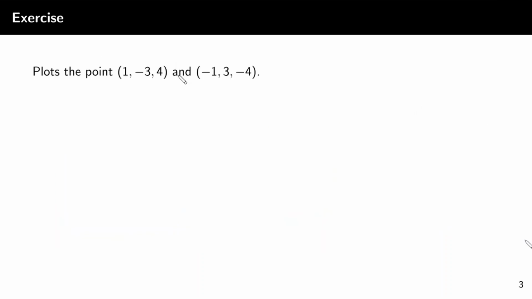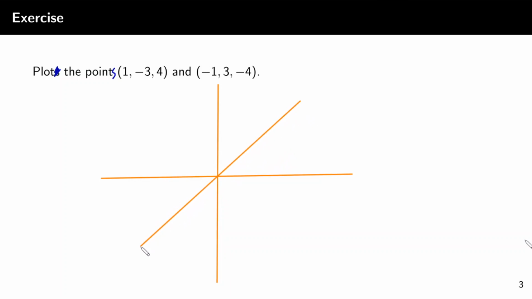So let's look at these examples. Plot the points 1, -3, 4, and -1, 3, and -4. Okay. So before we start, i-drawing ko muna yung tatlong axis natin. Suppose ito yung Z, ito yung Y, and then ito yung X. Unahin natin ito. Itong 1, -3, 4.